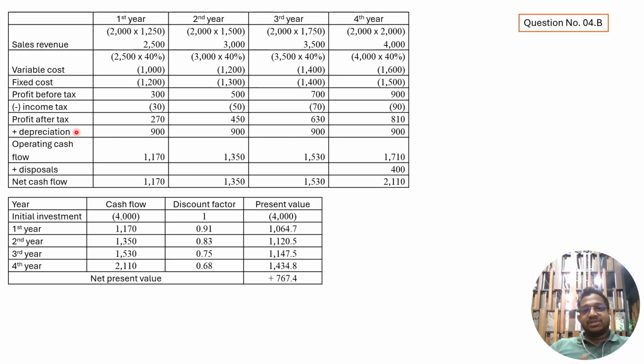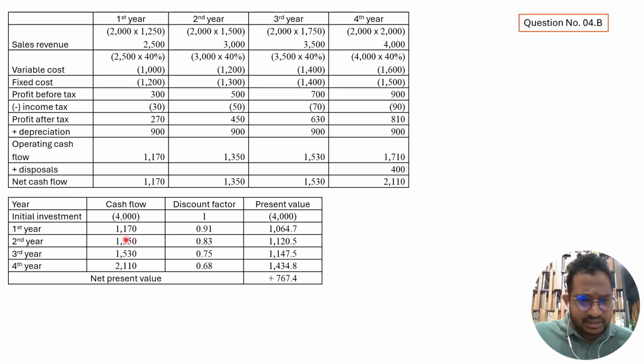That's why you consider that when you are finding out the profit before tax. But depreciation is a non-cash transaction. So when you are finding the cash flow, you should add back the depreciation, right? Then you can find out the operating cash flow. And then after adding the disposals at the end, then you can find out the net cash flow.